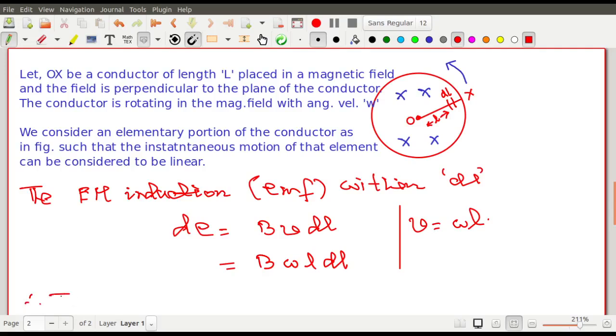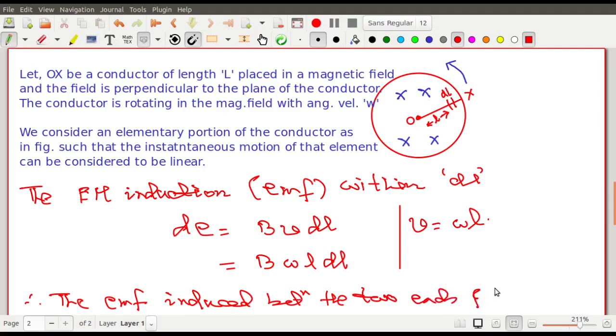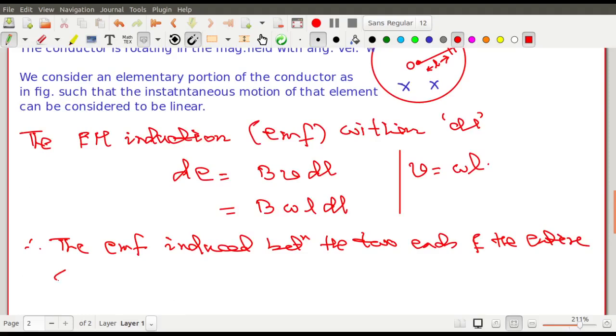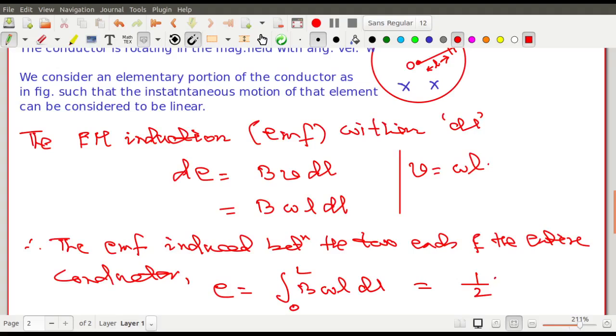So therefore the EMF induced between the two ends of the entire conductor should be E, and that should be the integration of B omega L dL from 0 to capital L, and that one will yield half omega B capital L square. So that's the result, half omega B capital L square.